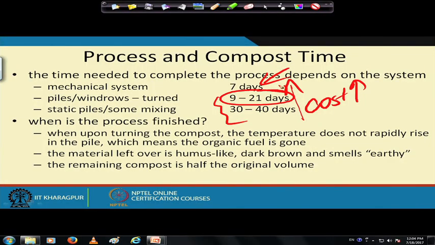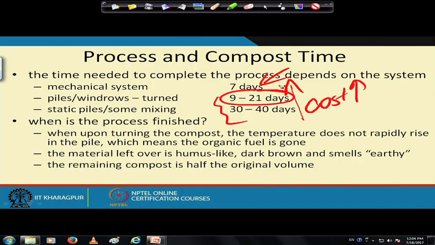If you don't see a sudden, rapid rise of temperature, that means most of the organic degradation has taken place, because organic degradation is an exothermic reaction. It releases heat, so the temperature has a tendency to go up. But if you don't see a substantial temperature increase, that means most of the organic fuel is gone.